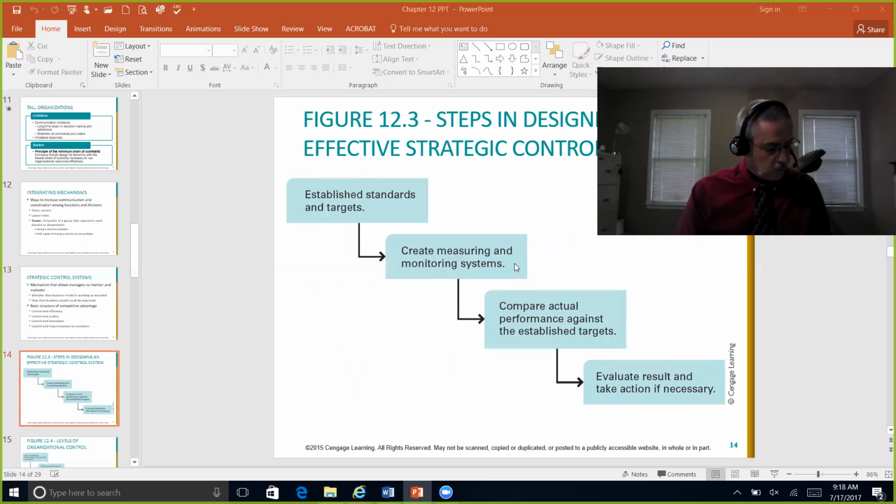Over on page 406, 407: establish the standards, create the measures of performance, compare those against the standards, and evaluate the results. And a true company will also have a feedback loop where they feed back into any one of these at any given point in time, so that as the market conditions change, they can be flexible and adaptable to make those moves if necessary.